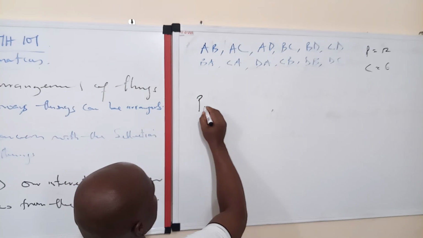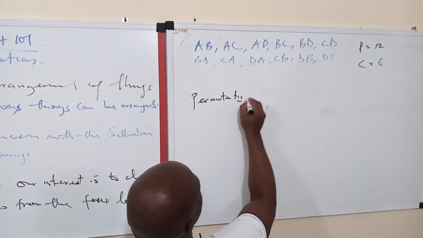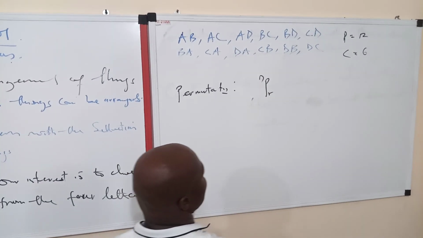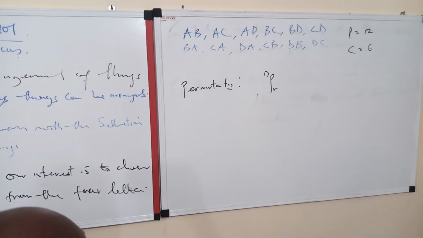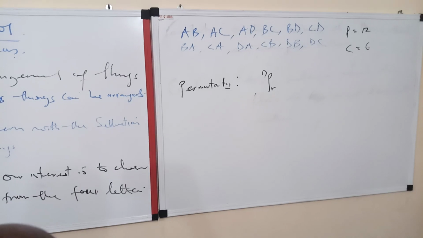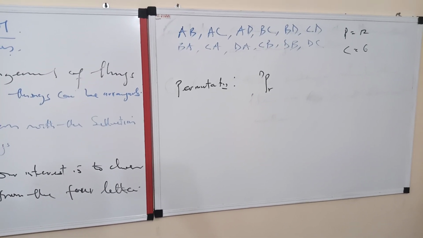For permutation, we have nPr, where n here is the total number of items to be considered, and r here is the number in which they will be arranged.